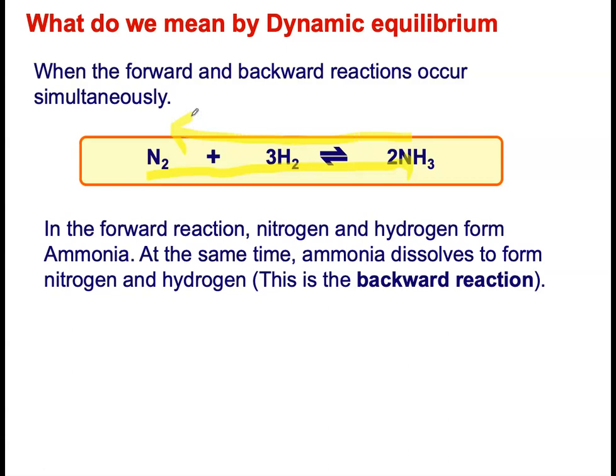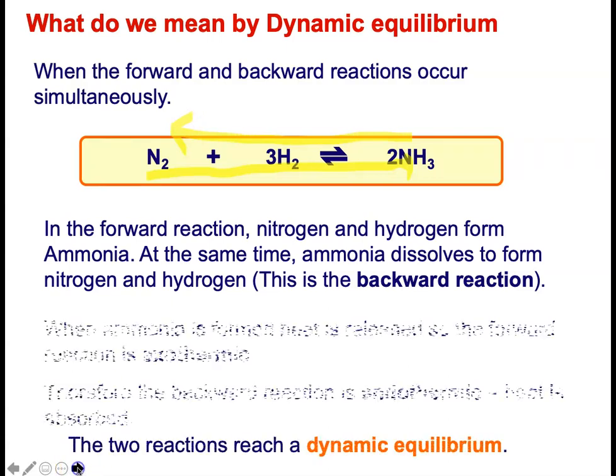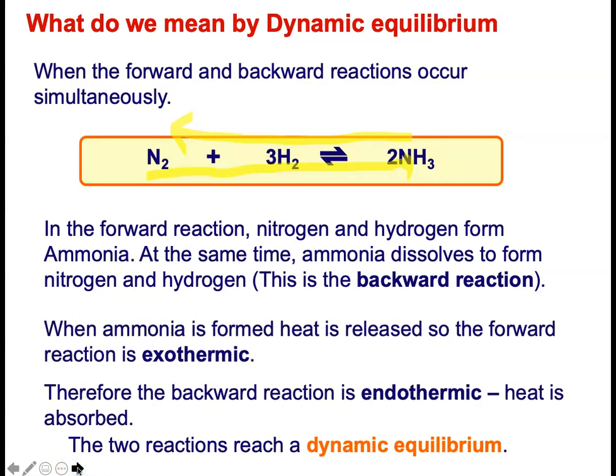This is known as a dynamic reaction. And when the concentrations of the reactants and the products remain constant, then we reach a condition called dynamic equilibrium.